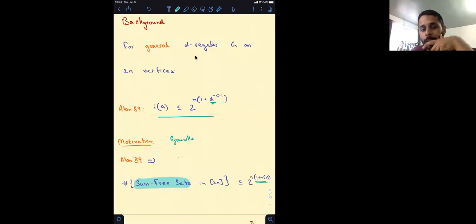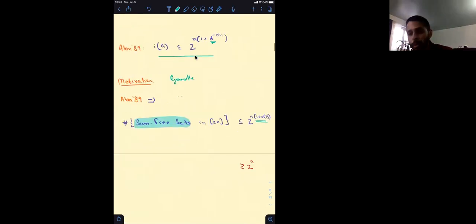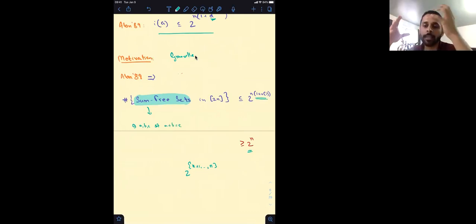The point is that, if you think for a while, you see that 2 to the n is also a lower bound, because all subsets of the second half of elements are sum-free. By the way, sum-free means there do not exist a, b, c such that a plus b equals c. So you want to upper bound the number of subsets of 2n that do not contain 3 elements such that 2 of them add up to the third one.